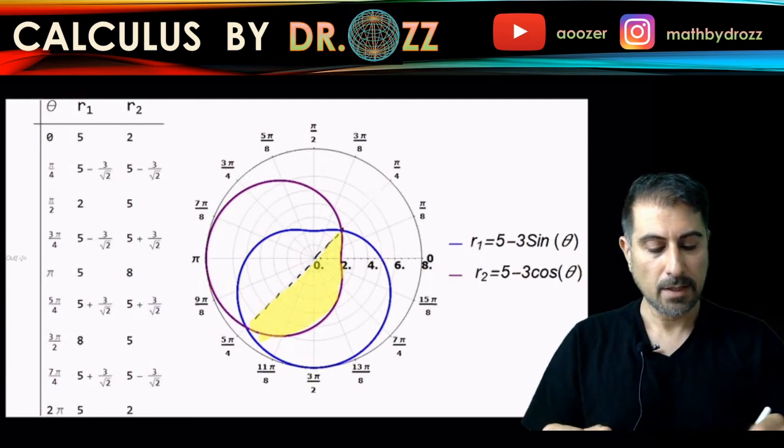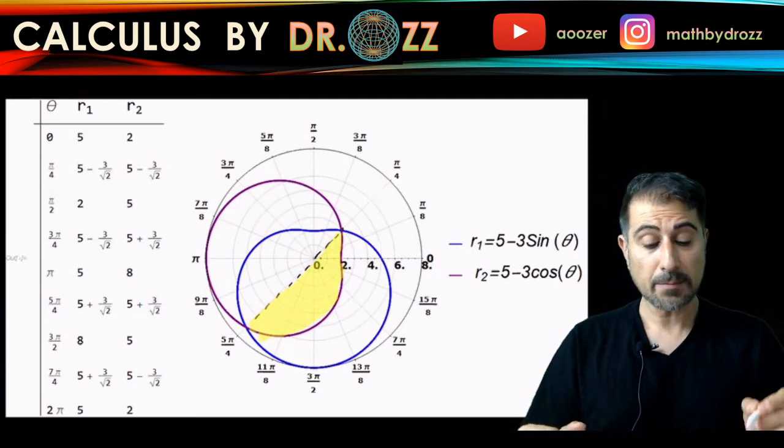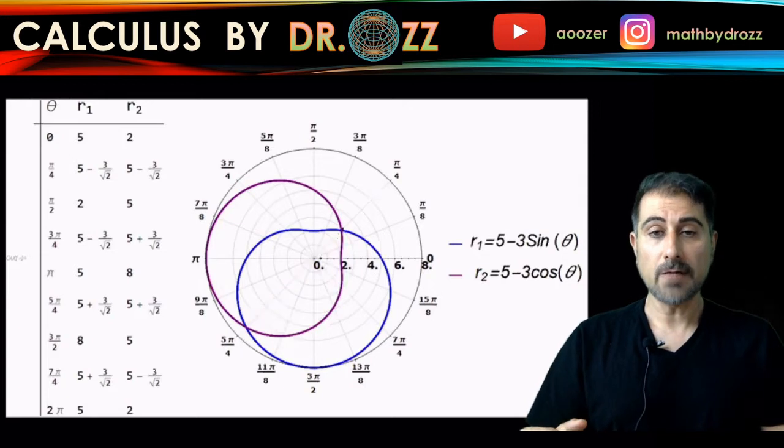Please think about which curve I'm going to use to sweep one of those regions.